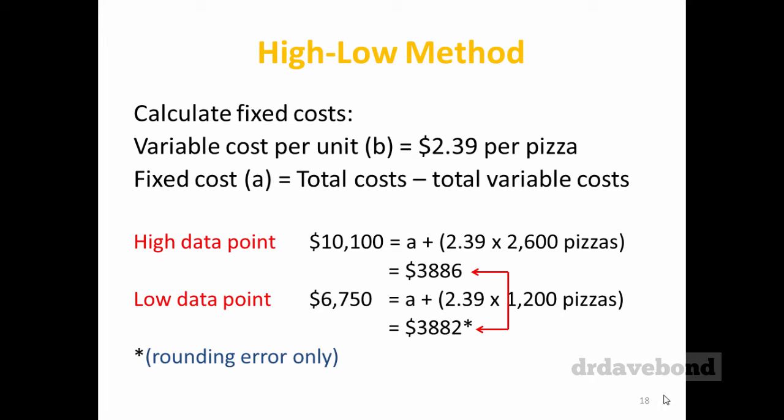We know that has to be the case. That is just the formula for it. Total cost separates out into fixed and variable. We know total cost. We can work out total variable cost. Total fixed cost is the thing we're trying to solve for, and we just add it all up, do what we need to do, and we end up with total fixed cost of 3,886.